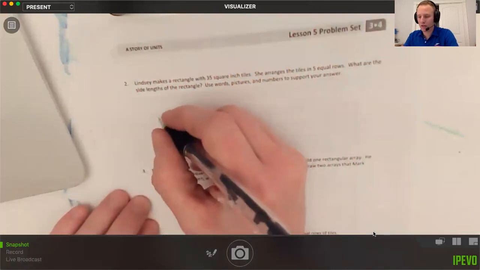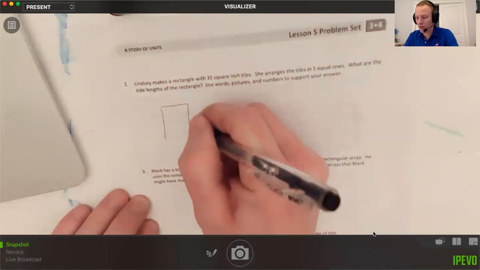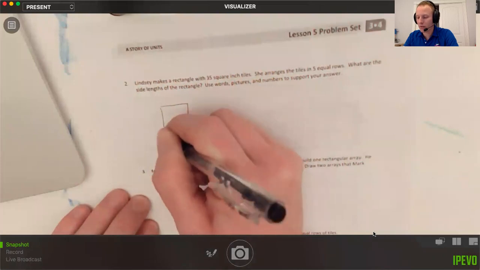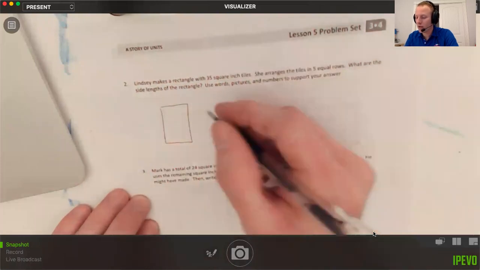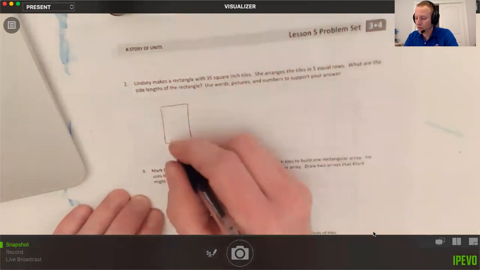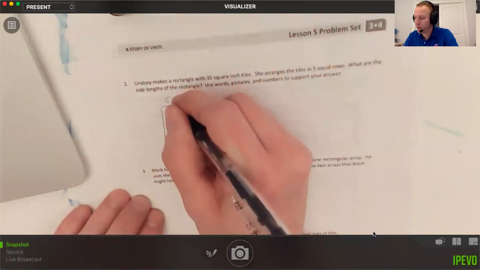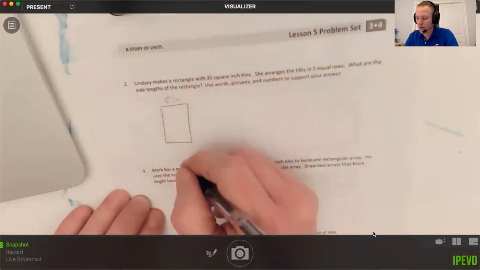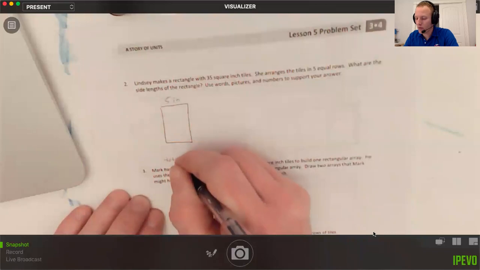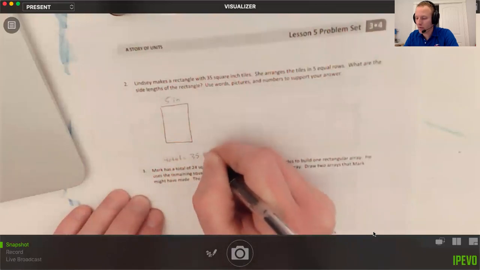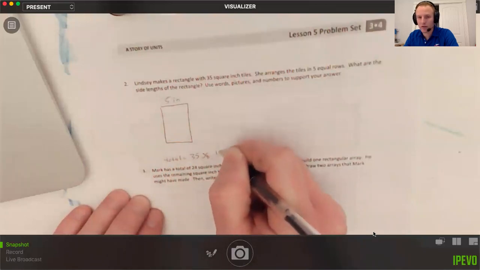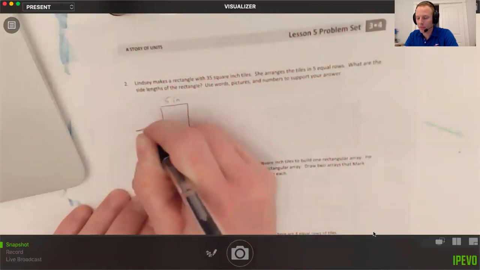I would draw a basic picture. I wouldn't draw it to scale. So obviously I'm not drawing 7 inches by 5 inches here, but I would say 5 inches. I'd say total equals 35 square inches. And then I'm finding the missing piece.